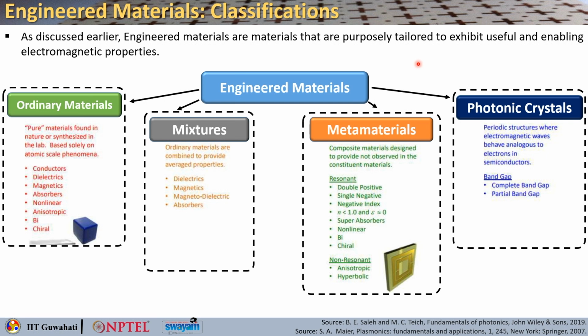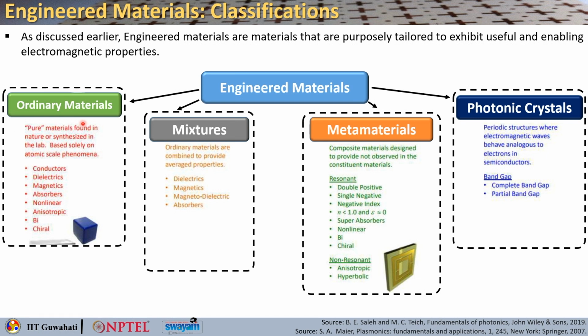Okay. So, now let us also look into a bigger picture of all types of engineered materials, and we will see, when we do the classification, where exactly metamaterials fit in. Engineered materials, as you all know, are materials which are purposely tailored to exhibit some useful and enabling electromagnetic properties.